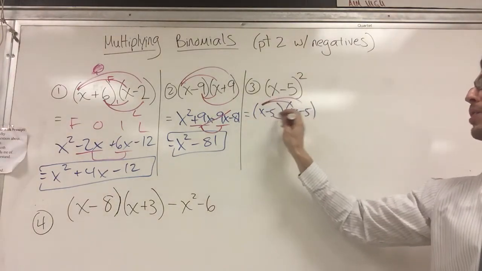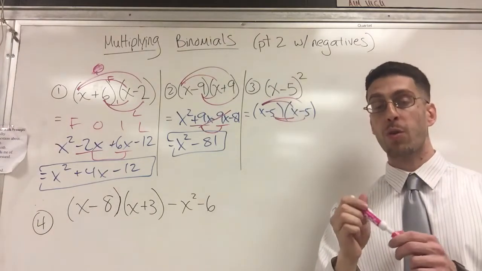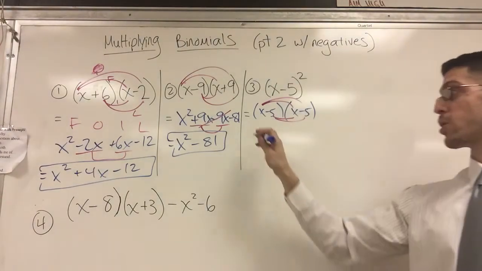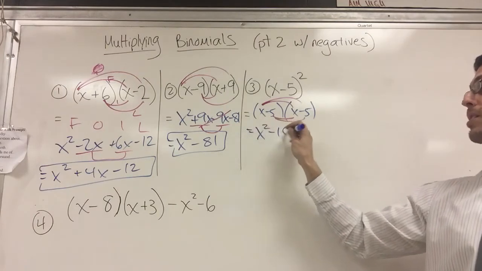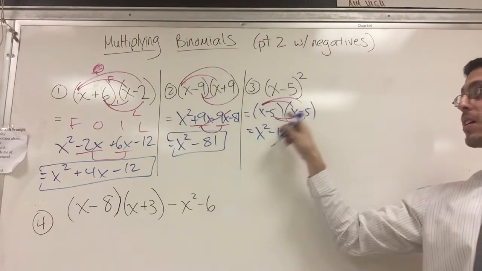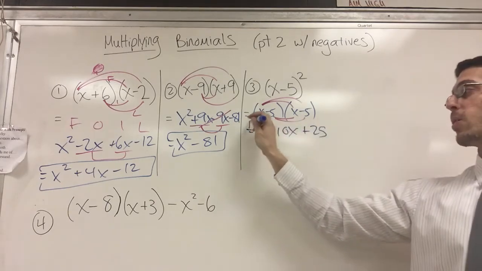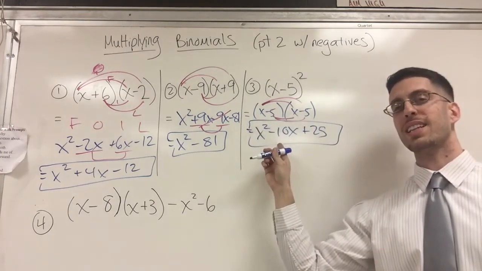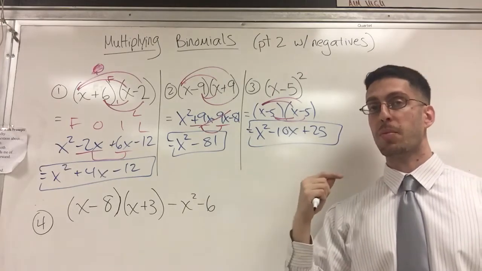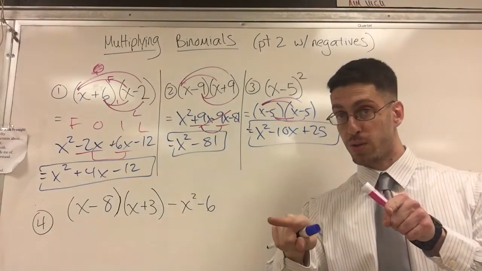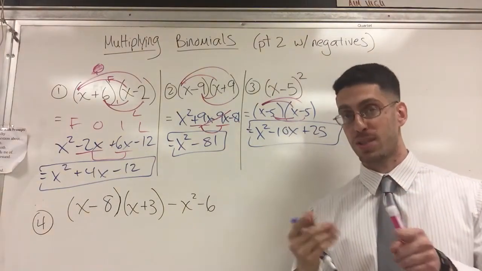First, then outer, then inner, then last. I'm going to let you do that one on your own. And please make sure to show your work. You should get x squared minus 10x plus, a negative times a negative is plus 25. If you show your work, you'll see where I got that negative 10 from. I'm skipping a step on purpose. You, pause, show your work, unpause, thank you.